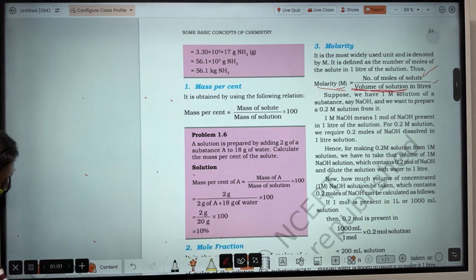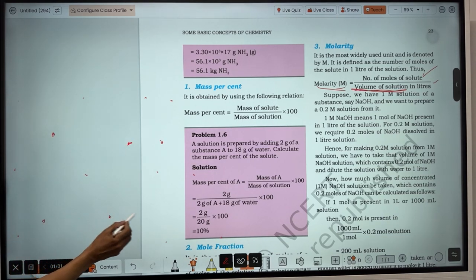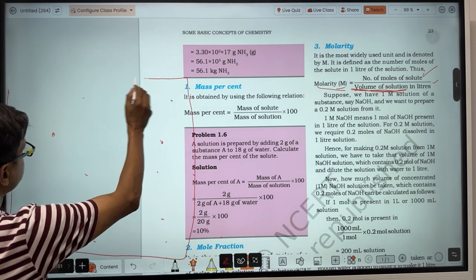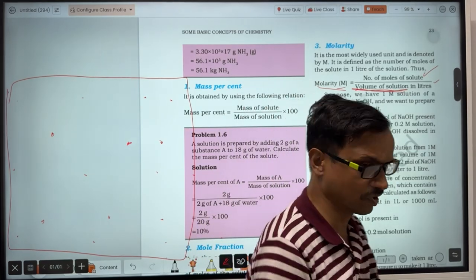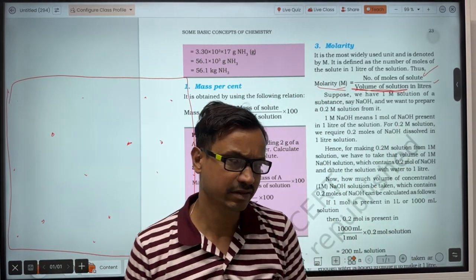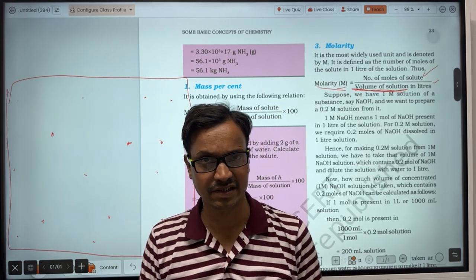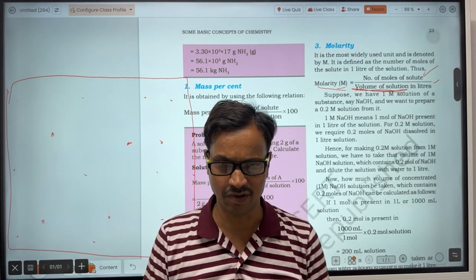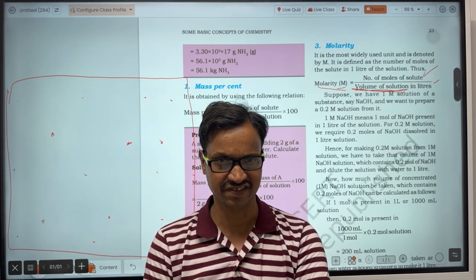When you dissolve sugar, the sugar particles come in between. So there is no increase in the distance between the particles of the solvent. That's why the volume doesn't change.